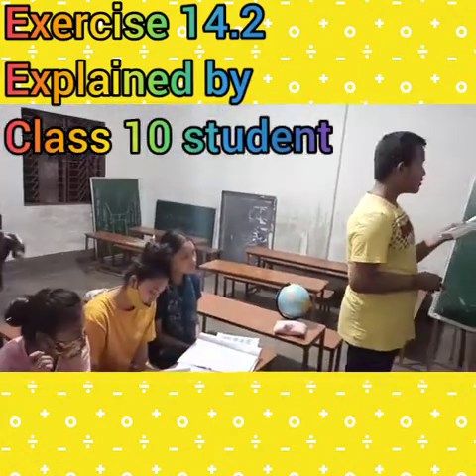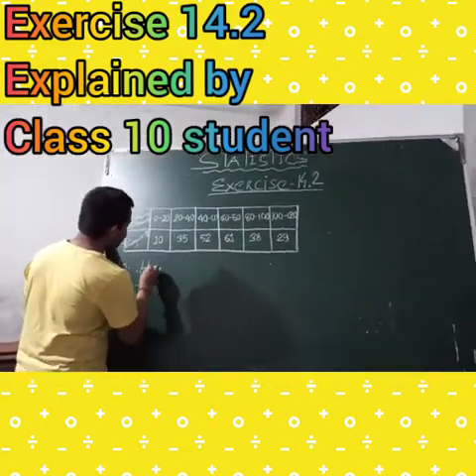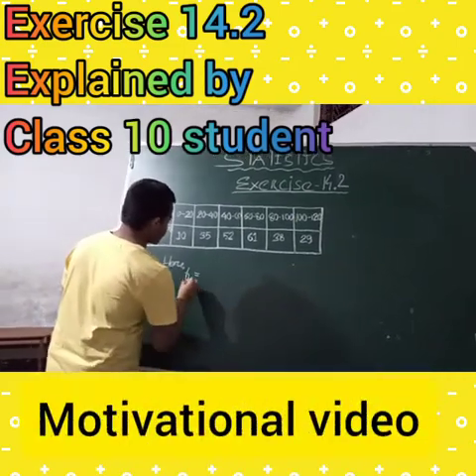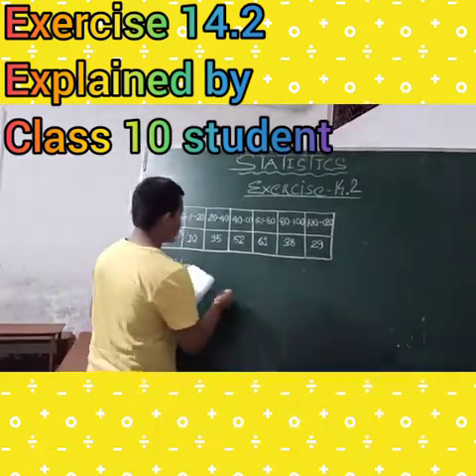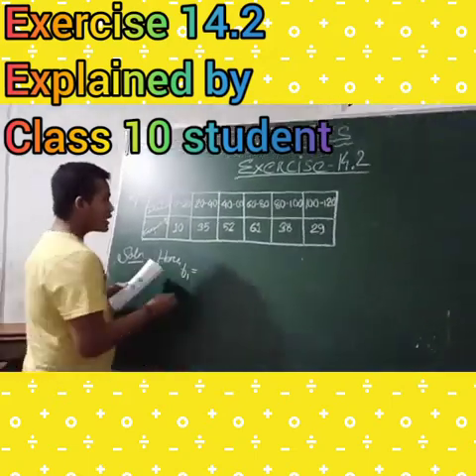So from this table we get F1, that is the highest frequency of the frequency distribution table, and it is 61.